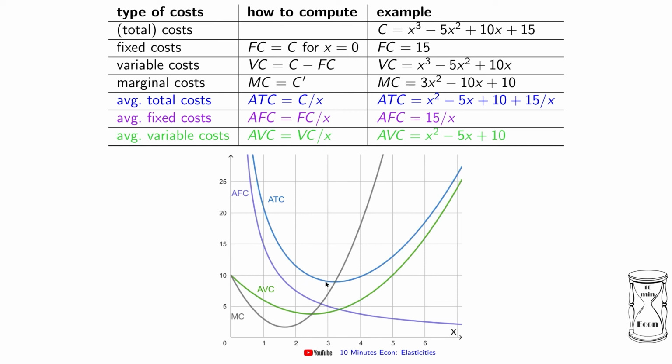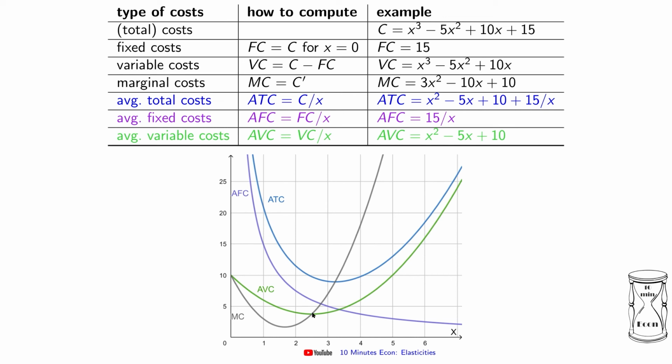So in our case, if the market price in the long run is below $9 or euros or whatever, there's no way the firm can cover its costs. Because the lowest average cost per output unit is 9 here, the minimum of the average total cost. So if the price is lower, there's no way the firm can avoid losses in the long run.